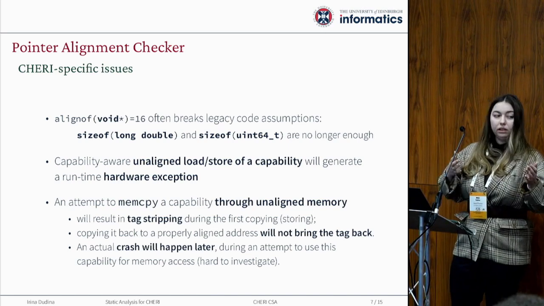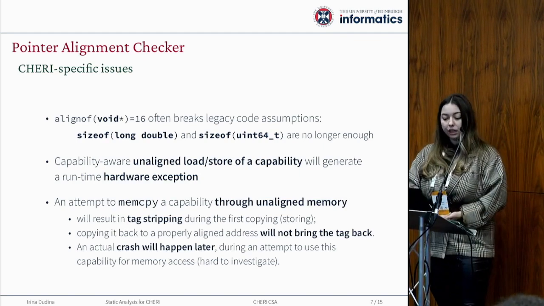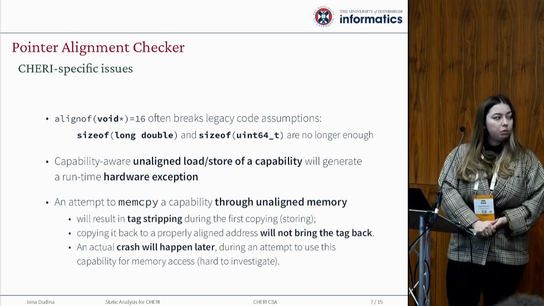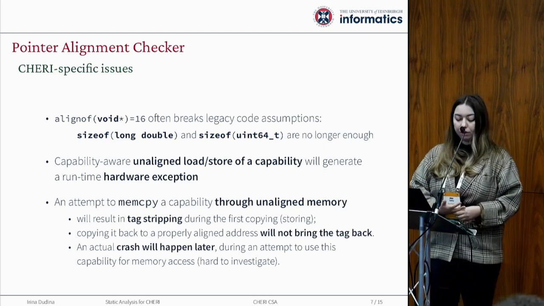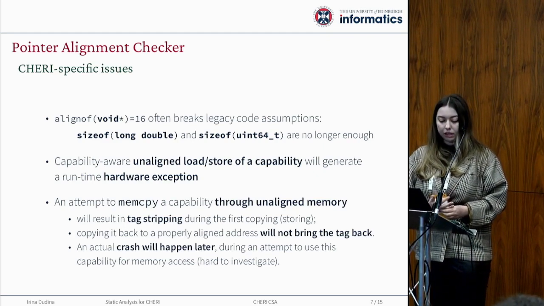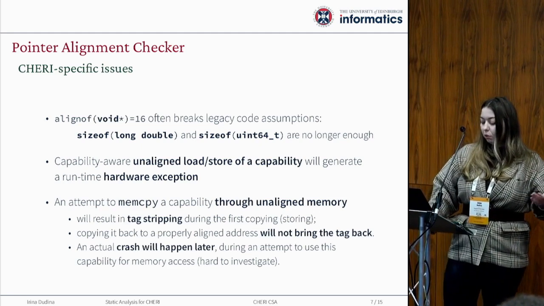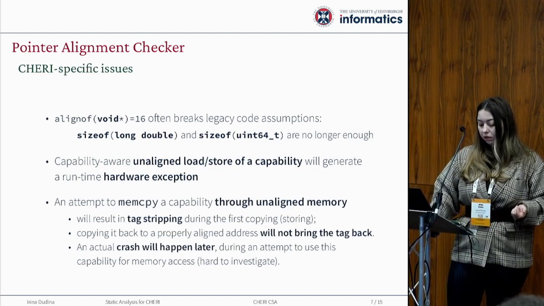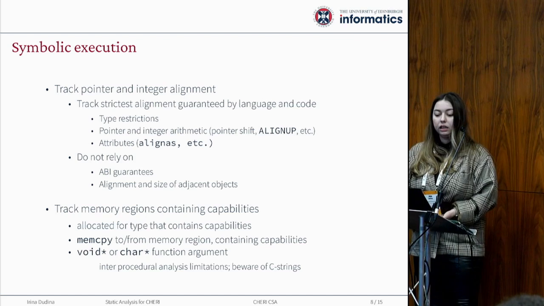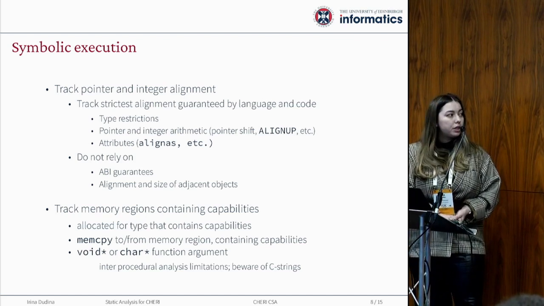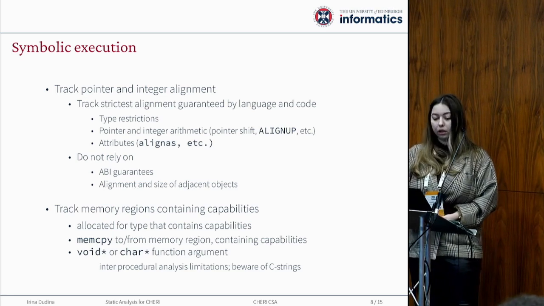So this is something new for CHERI, and you will discover this later when you try to access this capability because you will be referencing an untagged capability. And it's quite hard to debug this because you need to track where the capability lost its tag. So to be able to detect that, we needed to implement tracking of pointer and integer alignment as traits of symbolic values.